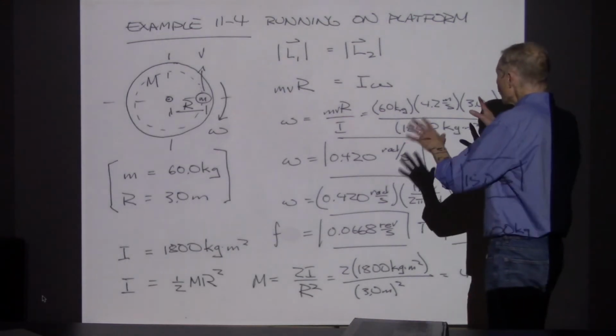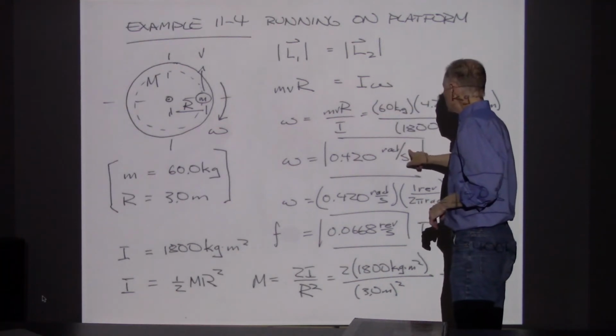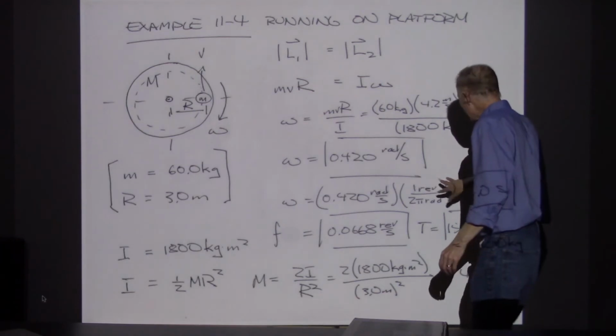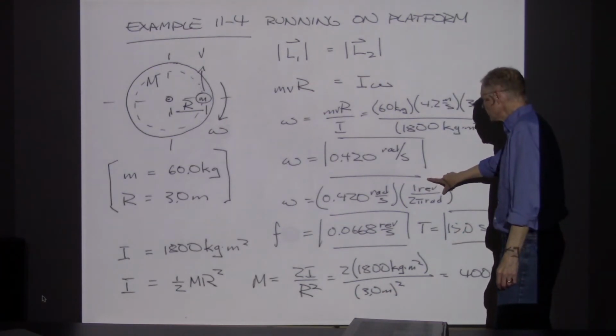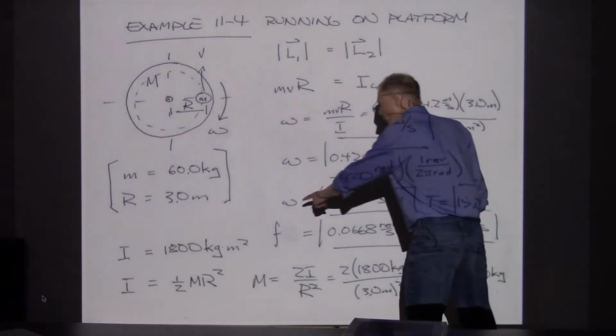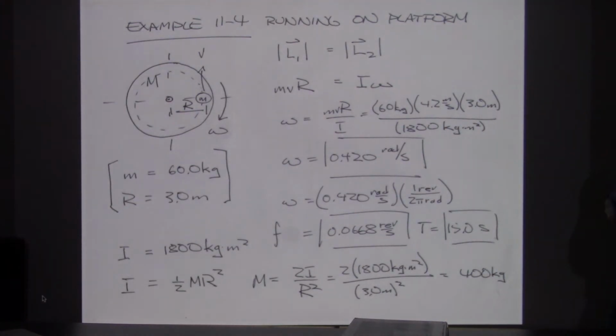Now when we set up the formulas like this, the omegas naturally come out in radians per second, but that's not always the most intuitive way to think about it. So I took that number, and I said one revolution, or one rotation, is 2 pi radians. And so what that became was a frequency. How many times per second is this thing rotating?